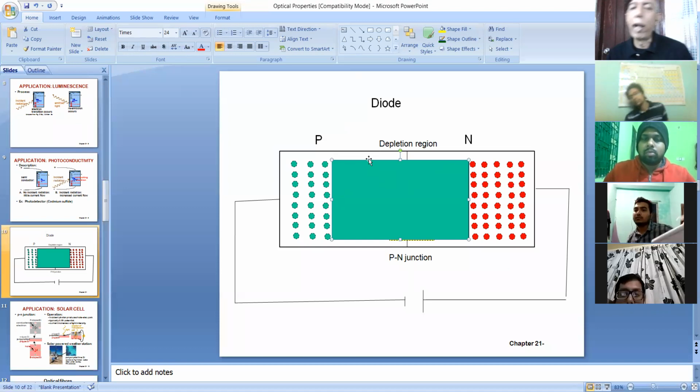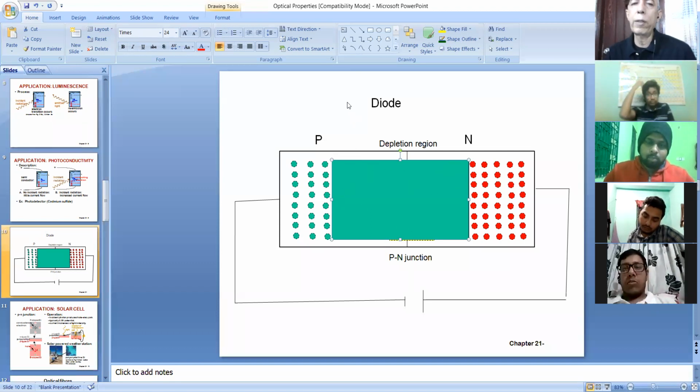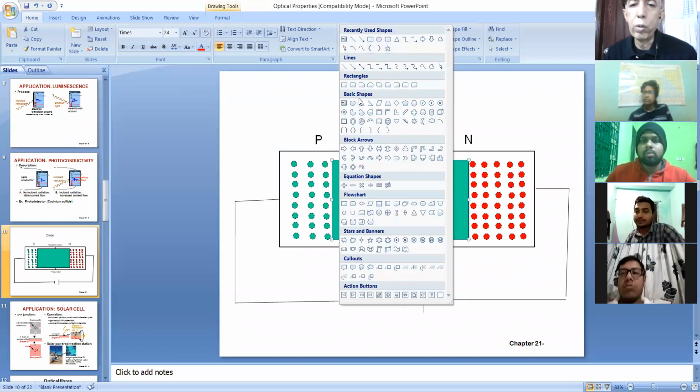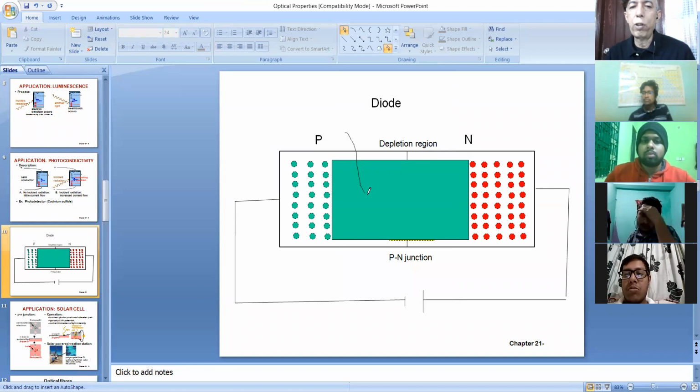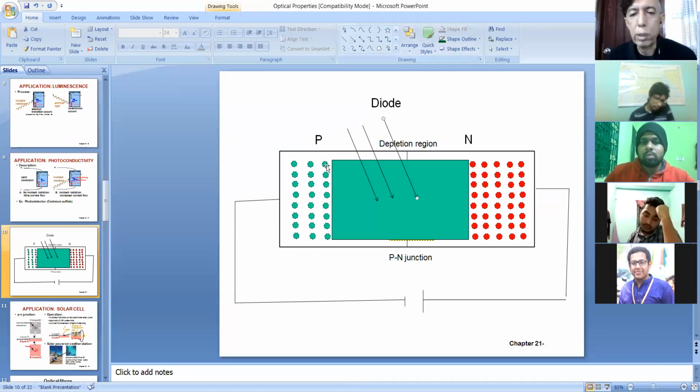Now, if light falls here, say for example, sunlight. Say for example, this is silicon.